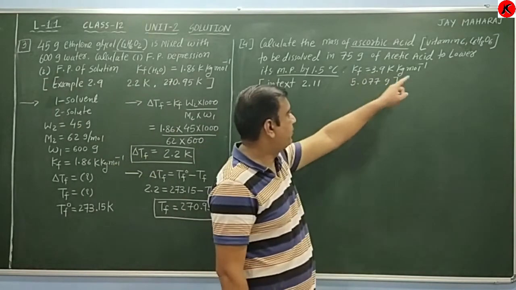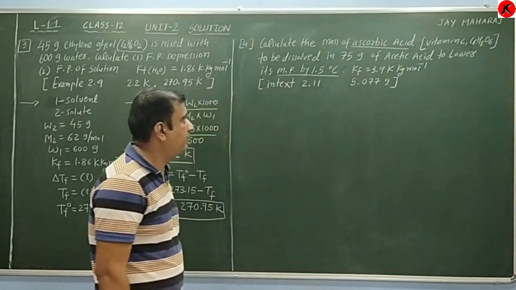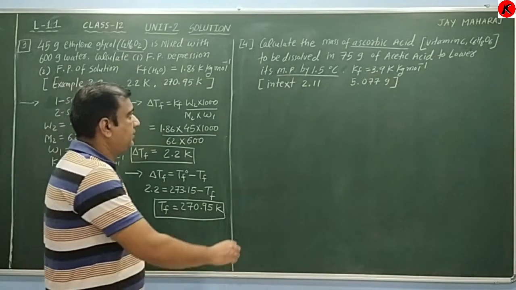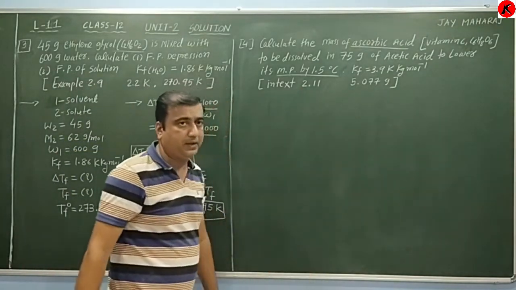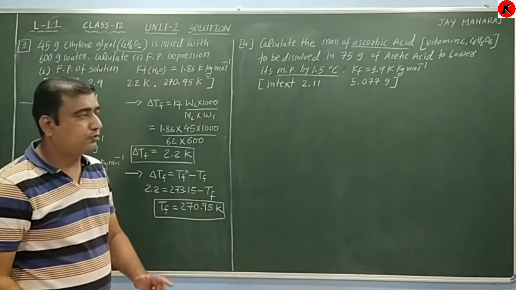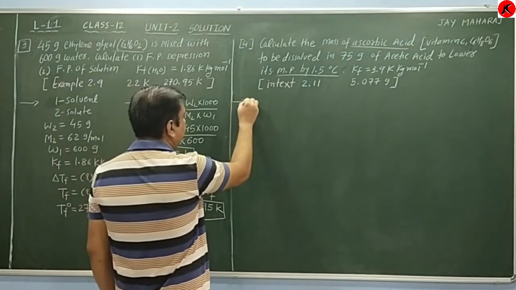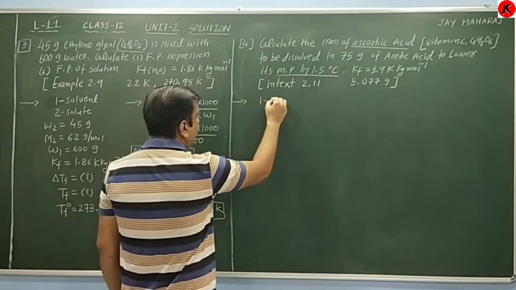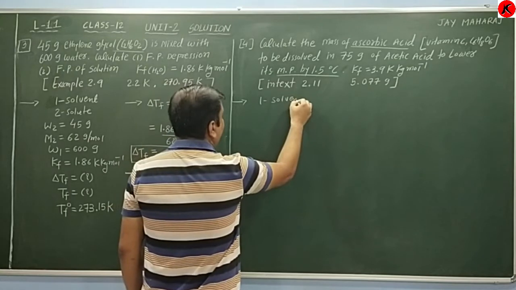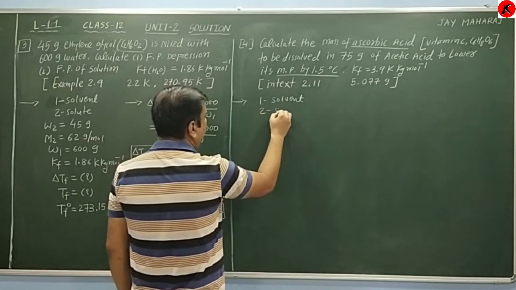Kf is given 3.9 Kelvin kilogram mole inverse. In text question 2.11. How to solve this example? Again remember, 1 means a solvent, 2 means a solute.